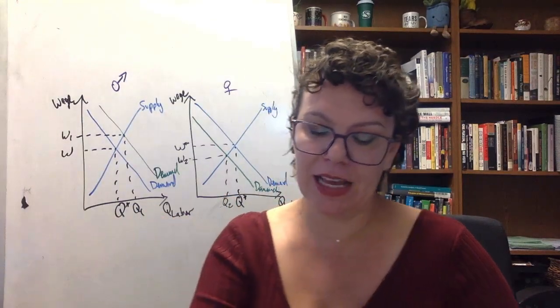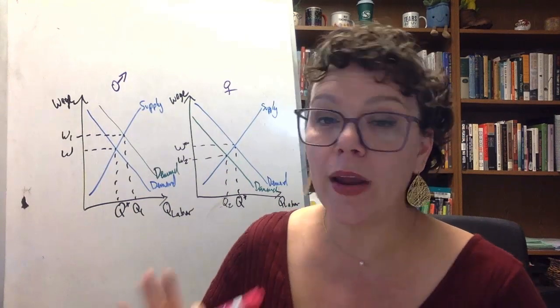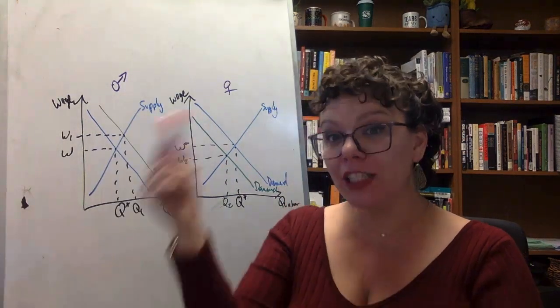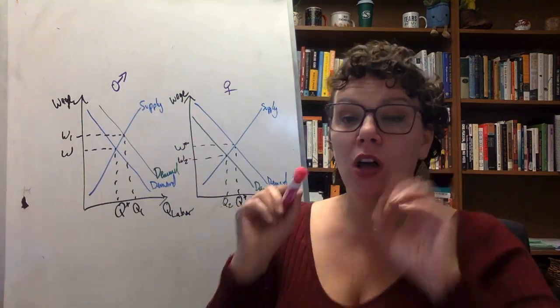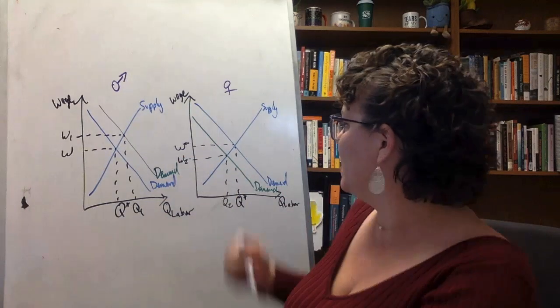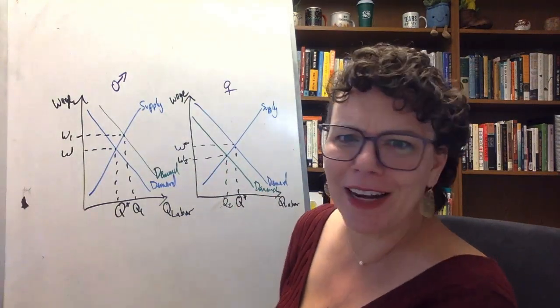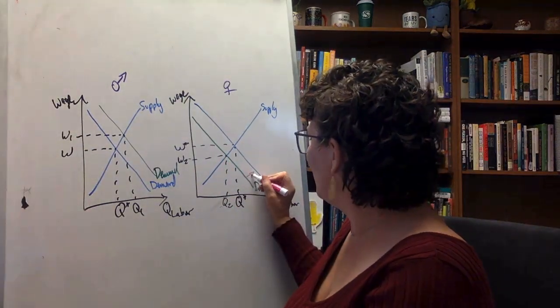So this is where we get to econ solving it. Neoclassical economics says that this wage disparity is just sitting there waiting to be exploited by non-discriminating firms. So long as there are firms who don't discriminate against women, they're going to come in and say, holy smokes, look, these low-cost workers, I'm going to hire some of them. And they will.